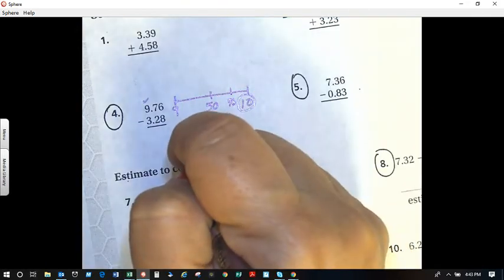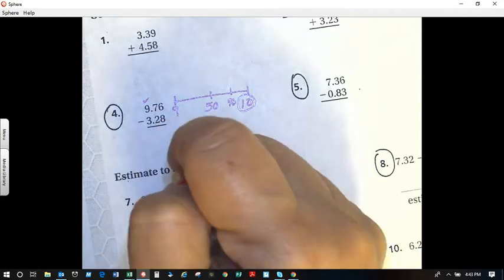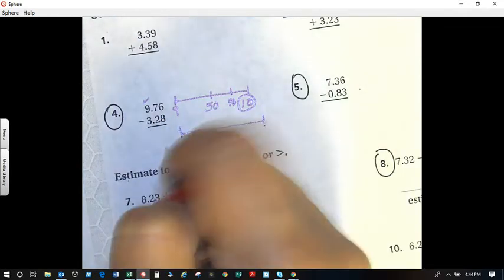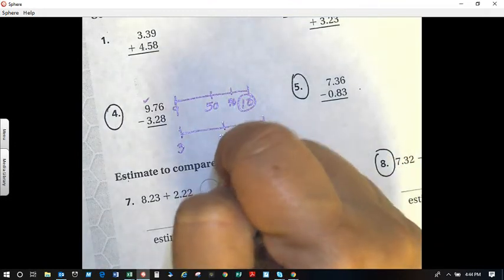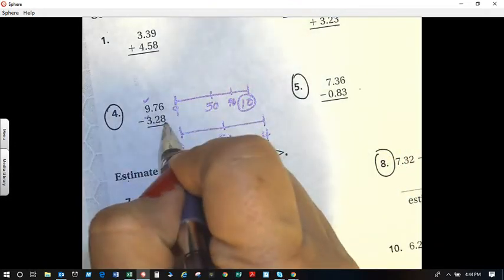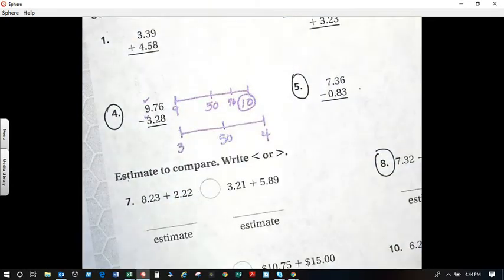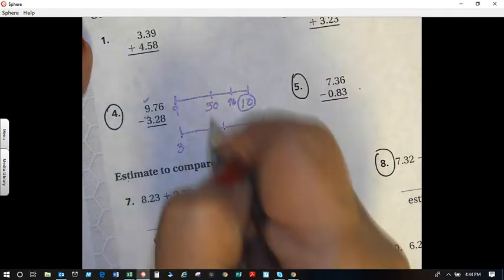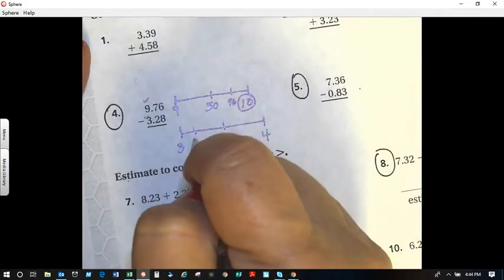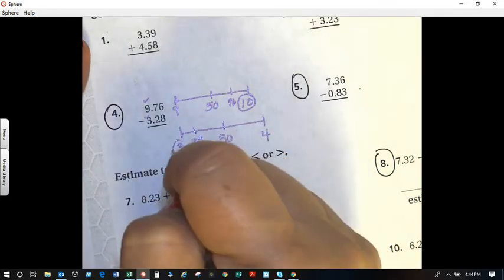Next I'm going to do the next number line. And it's going to be 3 to 4, and I'm going to put my 50 in the center. Next is the 28. Where would my 28 go? Yes, it's going to be to the left because it's less than 50, so it'll probably be about there. So it's going to be closest to the 3.